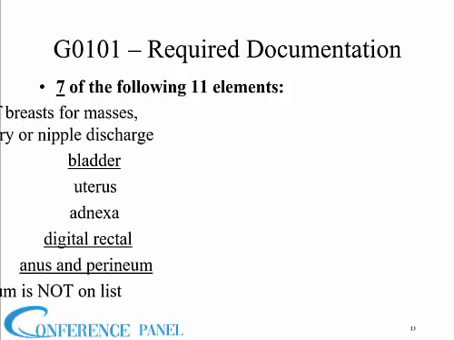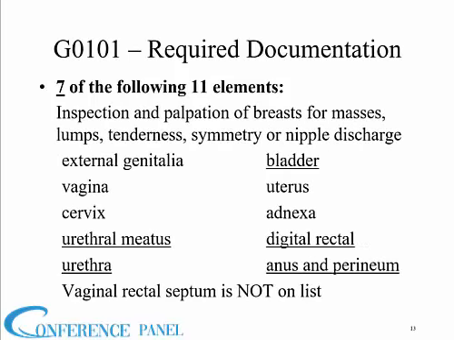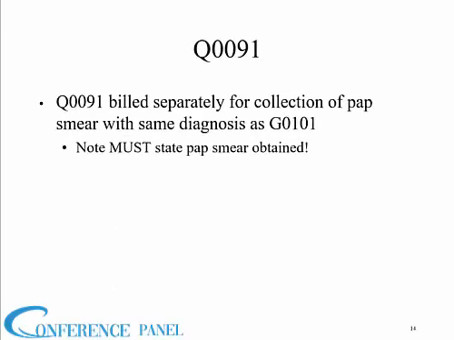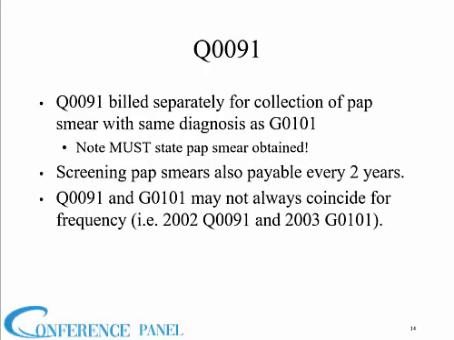What is required? To bill a G0101, you have to have 7 elements. Also, Q0091 is billed separately for collection of a pap smear, and Q0091 and G0101 may not always coincide for frequency, and they may have had Q0091 in 2002, but in 2003 they had a G0101. So watch that carefully and make sure they're eligible for the service.